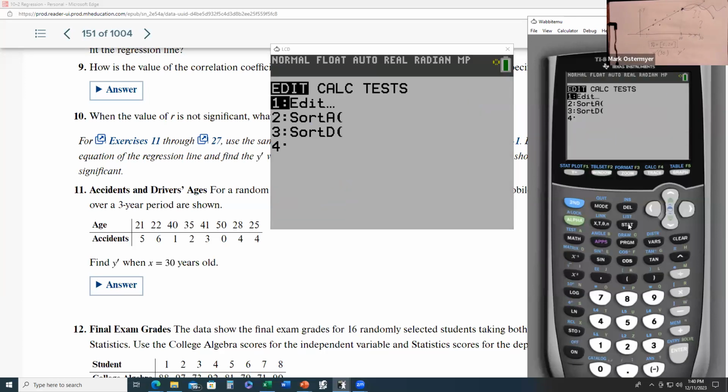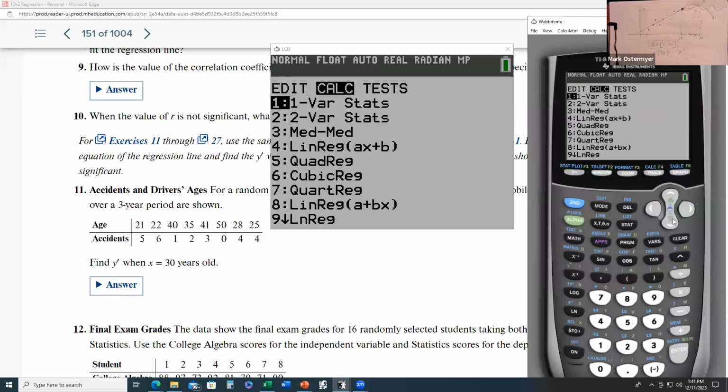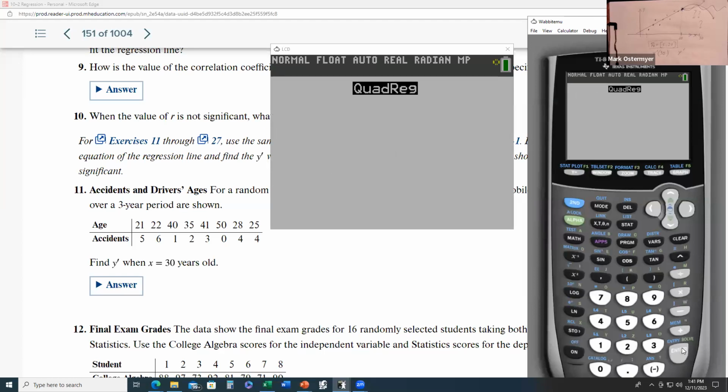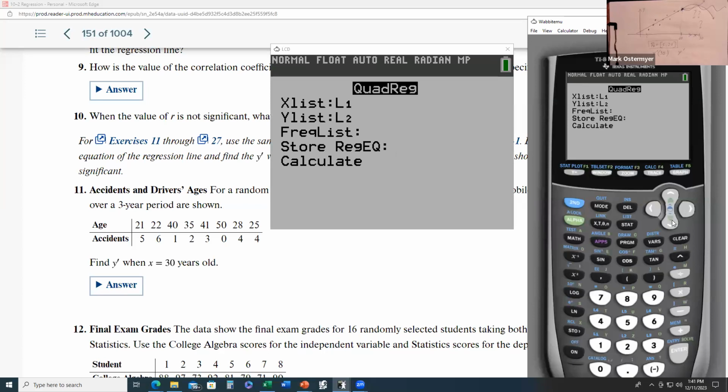Let's go to stat, calculate. Instead of linear regression, maybe we want to perform what's called quadratic regression. Quad reg is short for quadratic regression. Notice X data, Y data, list 1 and 2. We can store the regression equation in Y1.